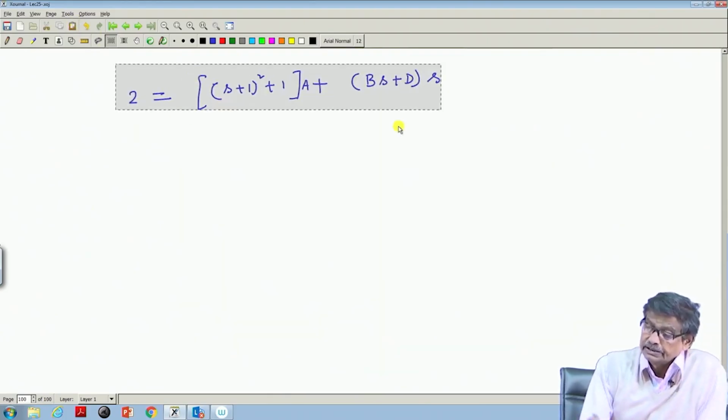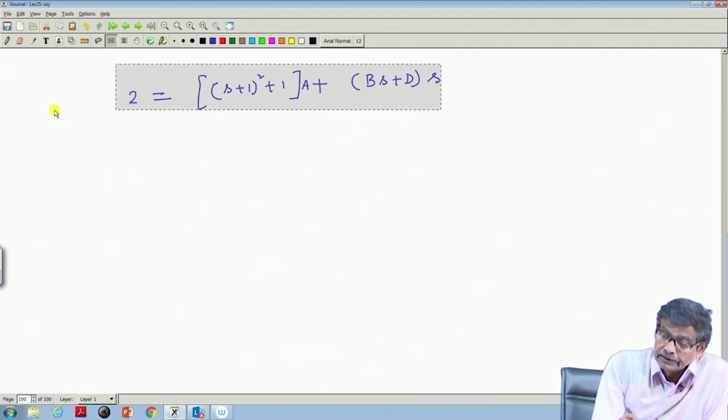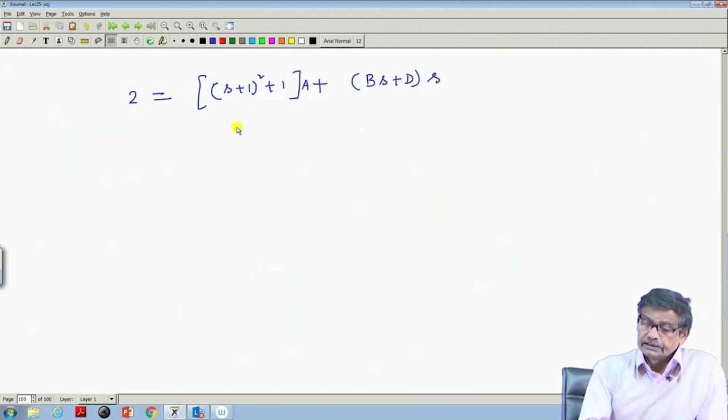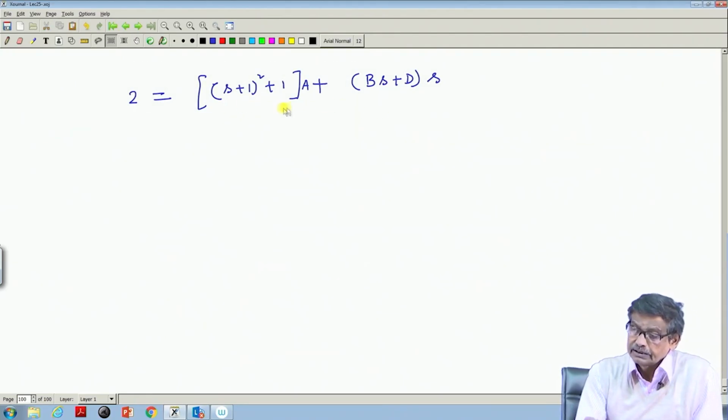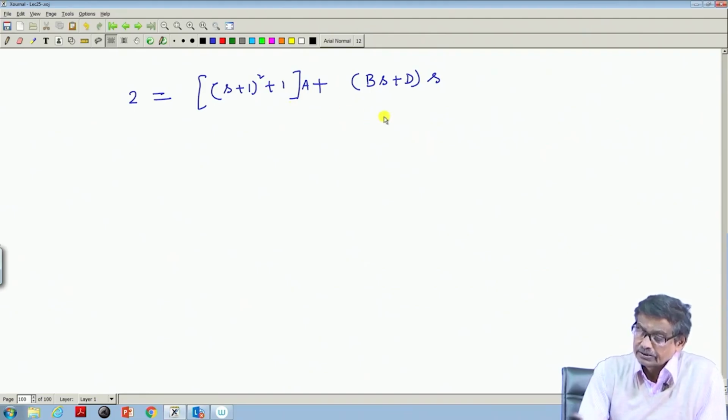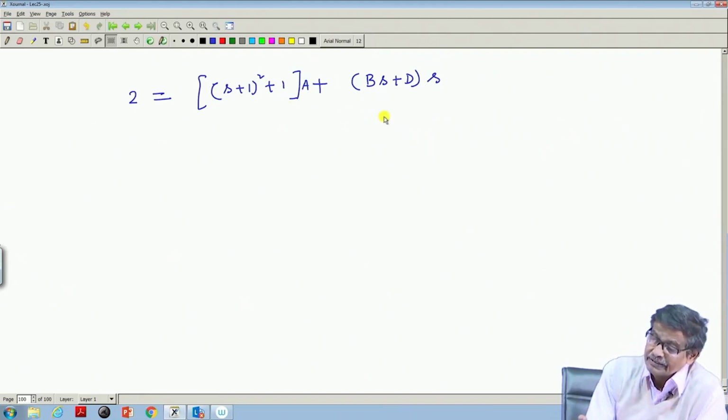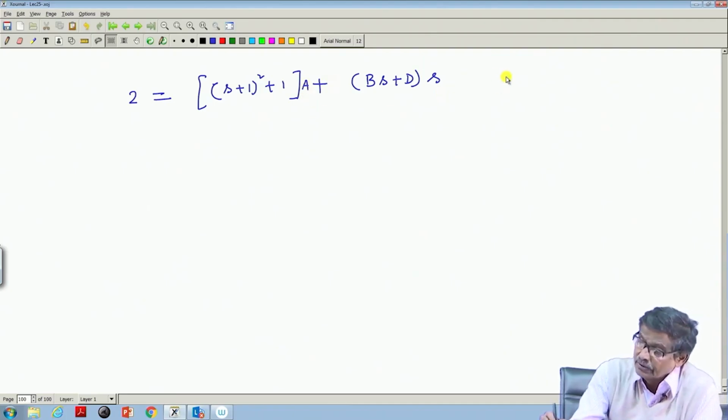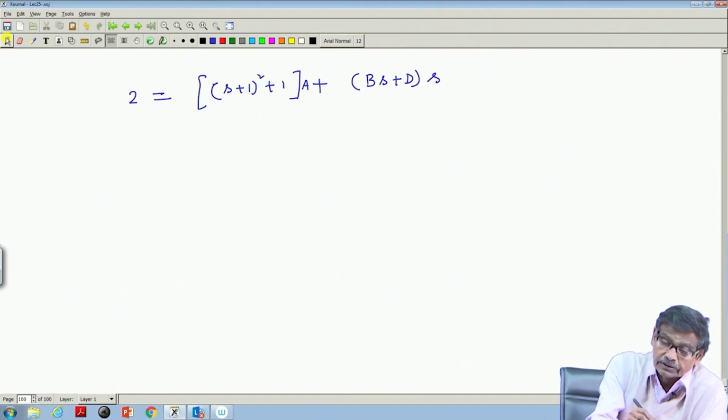So, we are dealing with this equation, S plus 1 whole square plus everything, nothing got cut now. This is the thing, and we have already got A is equal to 1.